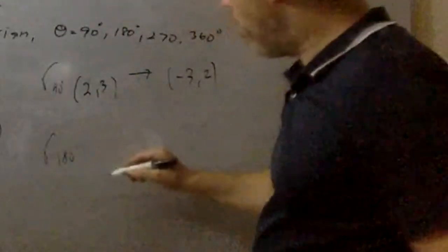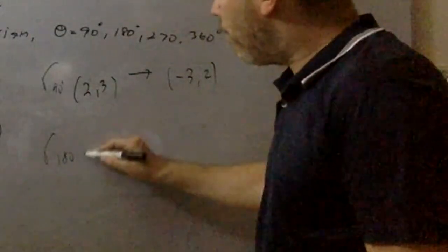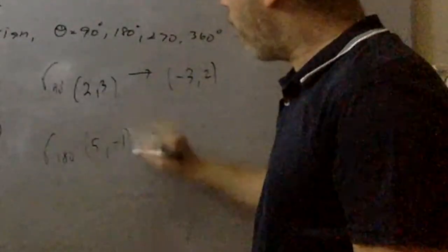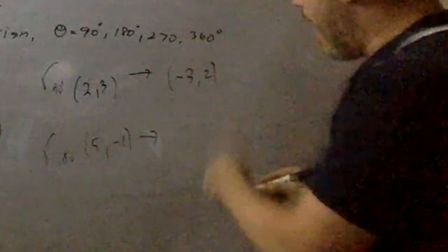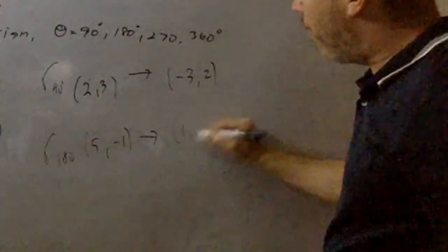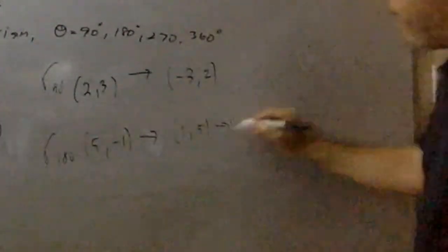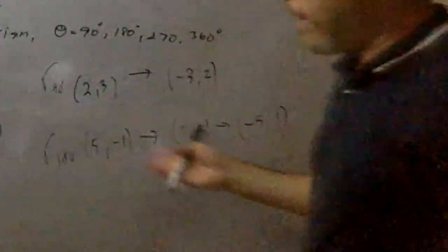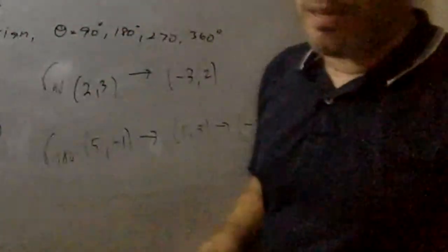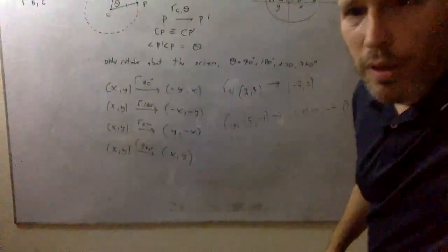You might see a rotation of 180 degrees of (5, -1). You can either memorize that, or flip it and negate. You can remember that with 180 degrees, both of these get negated. Kind of interesting to think about. And then the last example.